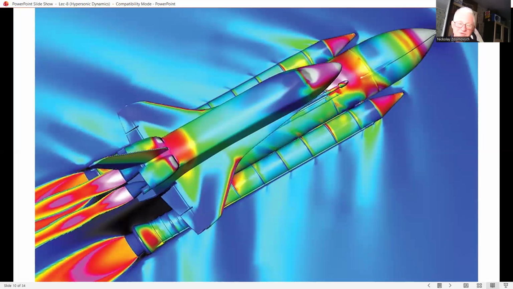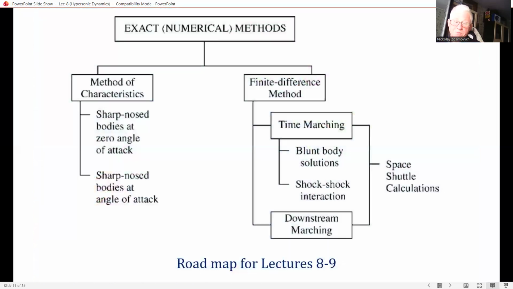I hope you agree with me. So, the purpose of our lecture is to give you the flavor of such solutions as applied to hypersonic inviscid flow. The roadmap for this module is given on this slide.